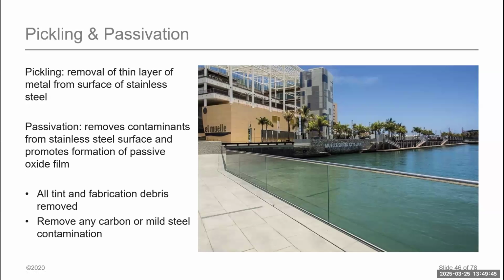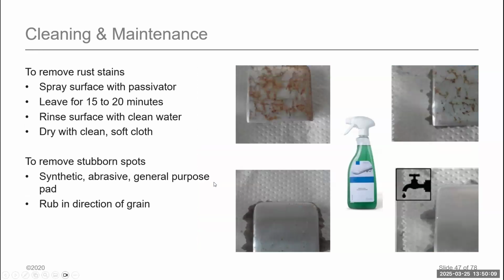So pickling is actually the removal of the layer of the stainless steel, and then passivation is cleaning off the contaminants and then providing a slight passive layer of oxidization to help resist the contaminants from getting back onto the metals. But the thing is, once it happens, we can bring it back to life, passivating it, right?